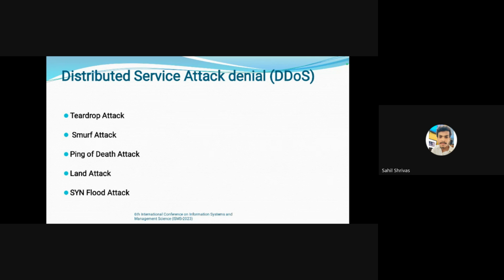Another attack is the land attack. A specially crafted TCP SYN message is constructed in a land attack to modify the source internet address and port to be similar to the destination address and port. This is configured to connect to a victim device for access.